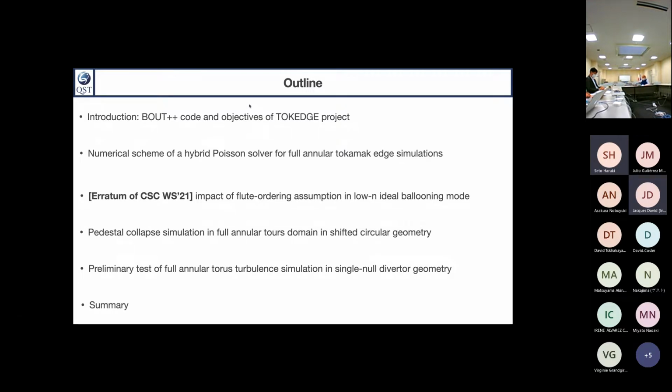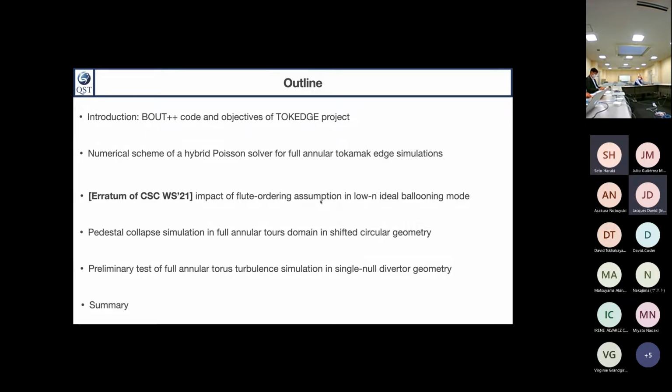First, as an introduction, I briefly explain the code and the objective of the TOC project. Second, the numerical scheme for full annular tokamak edge simulation developed in this project is briefly reviewed. Before reporting the results obtained in IFERC-CSC cycle 2021, I will report the impact of the flute ordering assumption in low-n ideal ballooning mode, as the last topic of my presentation at the last CSC workshop.